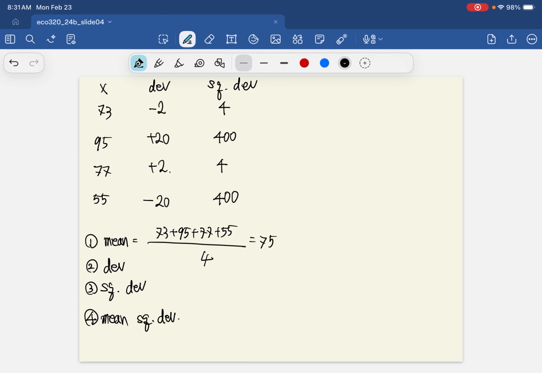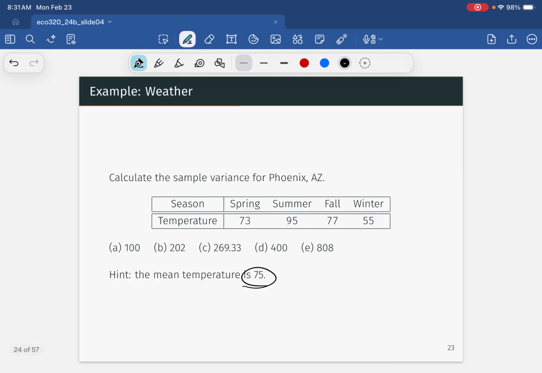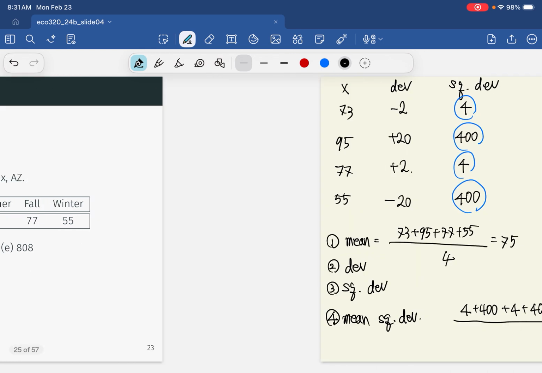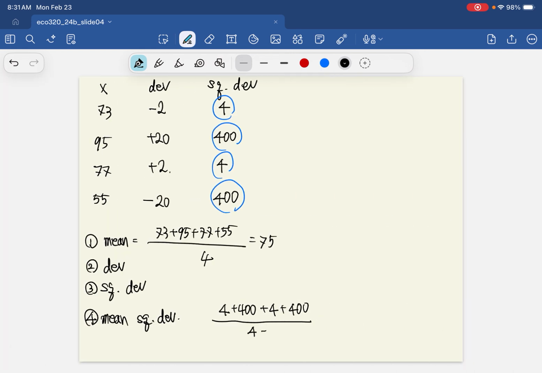We have 4 numbers, so we sum the 4 squared deviations and divide by 3 or 4, depending on the formula, but I told you to calculate the sample variance, so you have to have 4 minus 1 in the denominator. So you calculate it, that is 808 divided by 3.